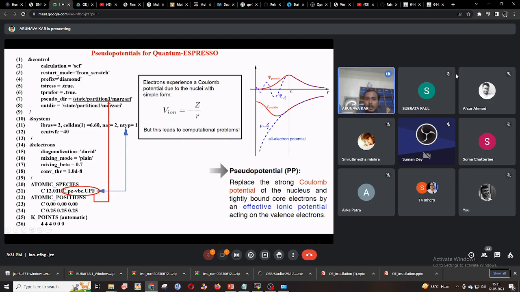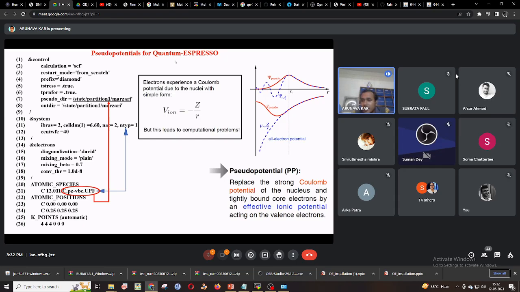Here we try to understand why we need this pseudopotential. When electrons move in a periodic potential, the Coulomb potential is proportional to minus 1 by R. As R tends to 0, the ionic potential goes to infinity. So this is a computational problem. We can't do anything with infinite values.